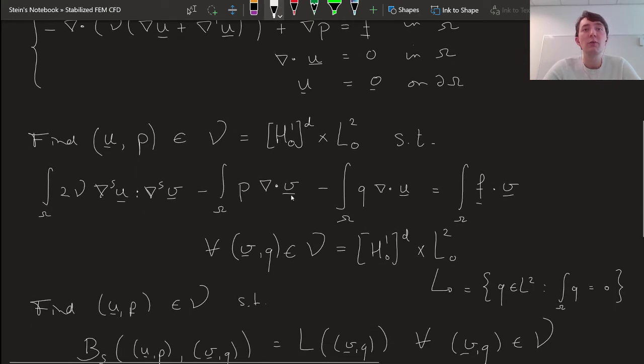But that is all multiplied by v, or dotted by v, on the boundary. And since we set this Dirichlet condition all around the boundary where my solution field u is 0, and we're using the same space for our test functions, our solution field for v is 0 on the whole boundary, such that that term actually drops out.